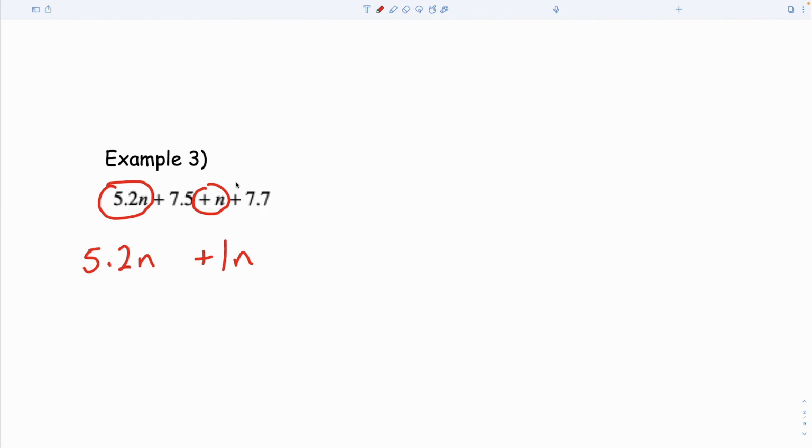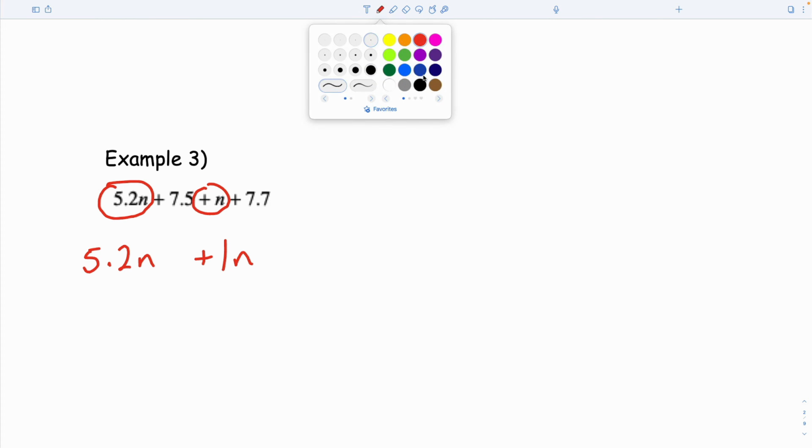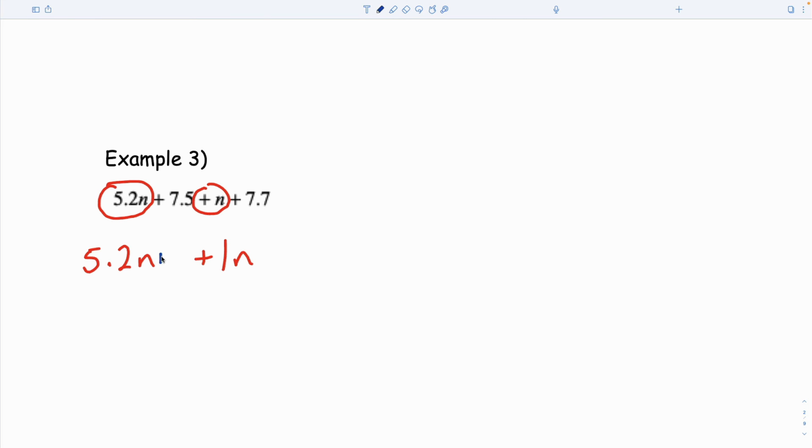Write that below it. Mathematicians like to take out the 1 because it's more efficient and maybe they're lazy. You as a 7th grade mathematician, I'm okay with you writing the 1 in front of any variable that's by itself. That makes it easier to see. Go ahead and do that if that helps you. Let's do plus 7.5 in between. I'm just going to rewrite the whole thing with a 1n because it's easier for me to see it.